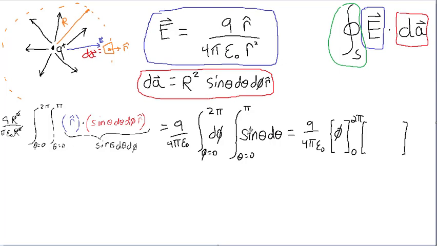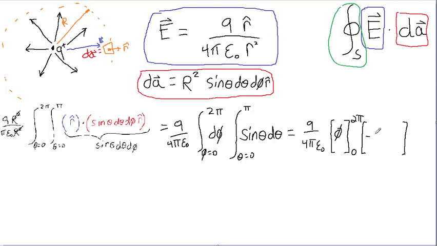So the integral of sine theta d theta, again, if we refer to integration rules, I know that the integral of sine is going to be negative cosine. So I have to really keep track of all my signs, negative or positive, as well as trigonometric.